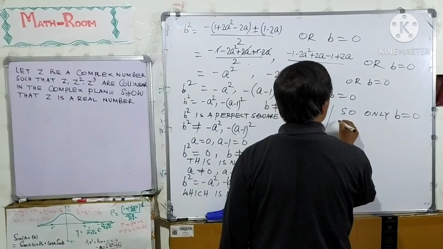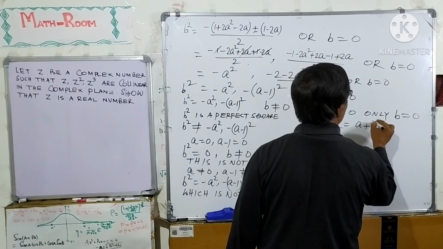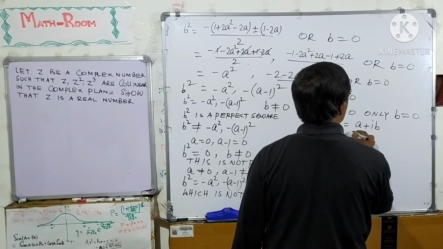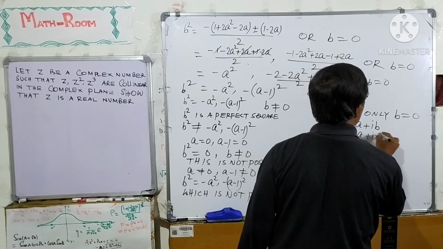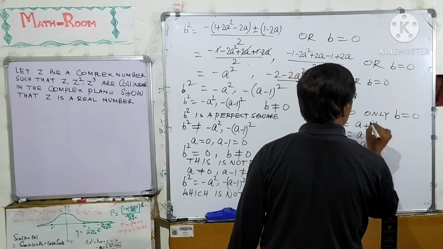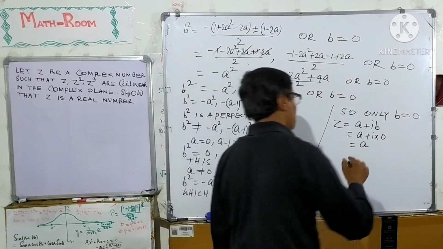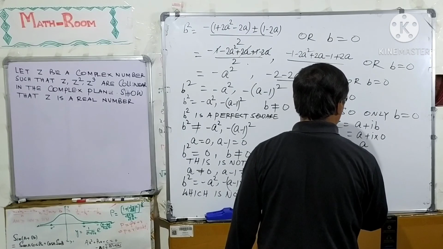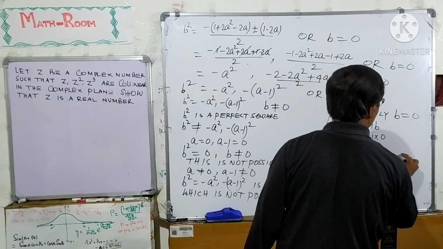So, complex number becomes z equal to a plus ib equal to a plus i into 0, which is a, and a is also a real number. So, z equal to a is a real number.